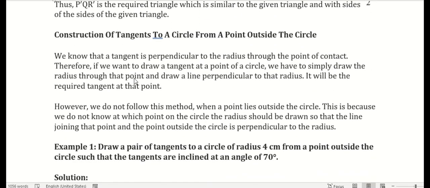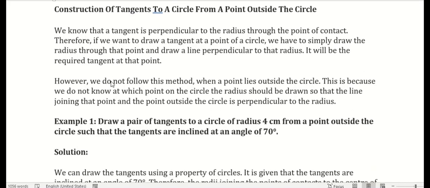Now next, construction of a tangent to a circle from a point outside the circle. We know that the tangent is perpendicular to the radius through the point of contact. Therefore, if we want to draw a tangent at a point of a circle, we have to simply draw a radius through that point and draw a line perpendicular to that radius.